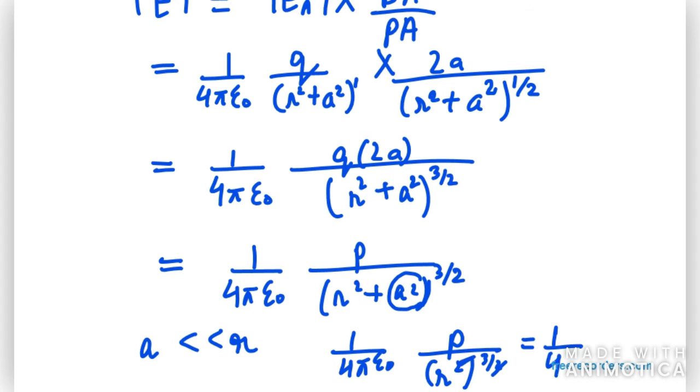So it will be 1 over 4 pi epsilon naught P over R cube, which is our electric field if my dipole is of very small length. And this is again dipole moment, electric field on equatorial line of an electric dipole.